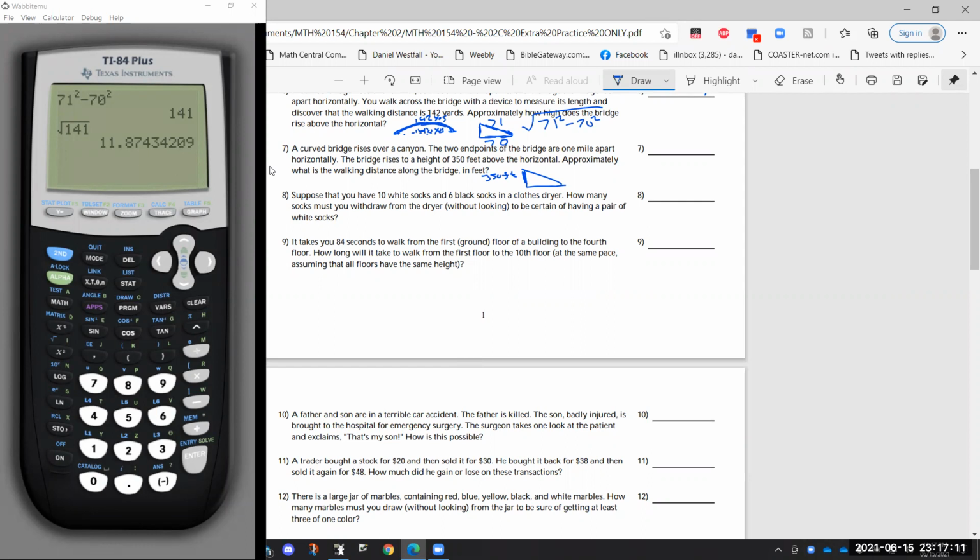So this is 5280 divided by 2, which is 2640. So this side needs to be 2640 feet.